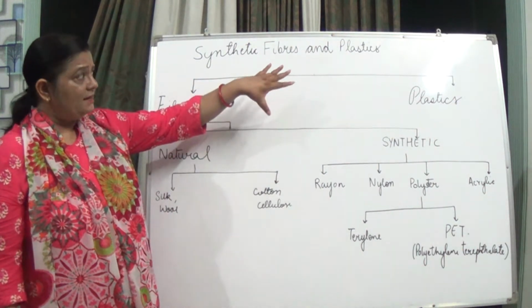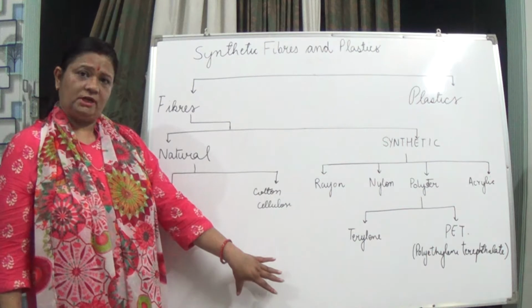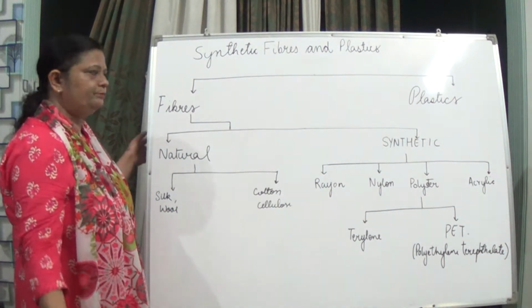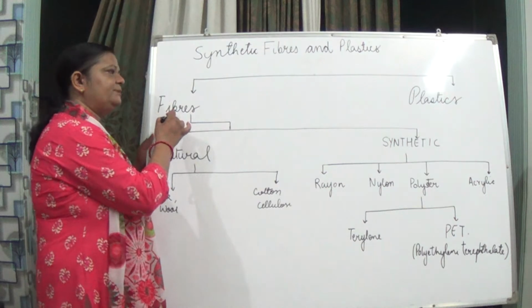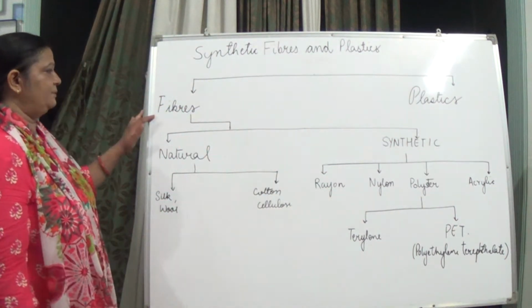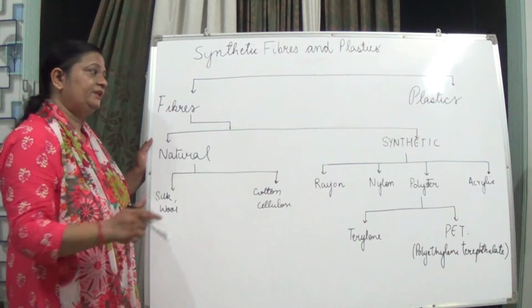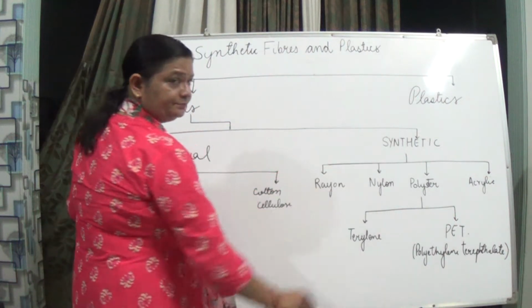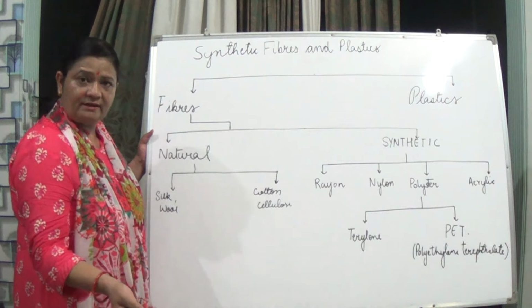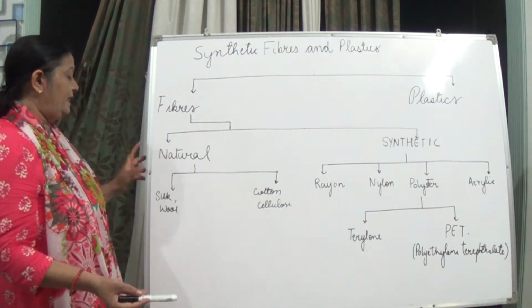Okay, so let us understand first of all the flow chart. The whole chapter, if we say as a whole, we can divide it into two: fibers and plastics. When we are talking about fibers, fibers can be natural and fibers can be synthetic. Natural fibers exist by themselves in the environment, in nature.